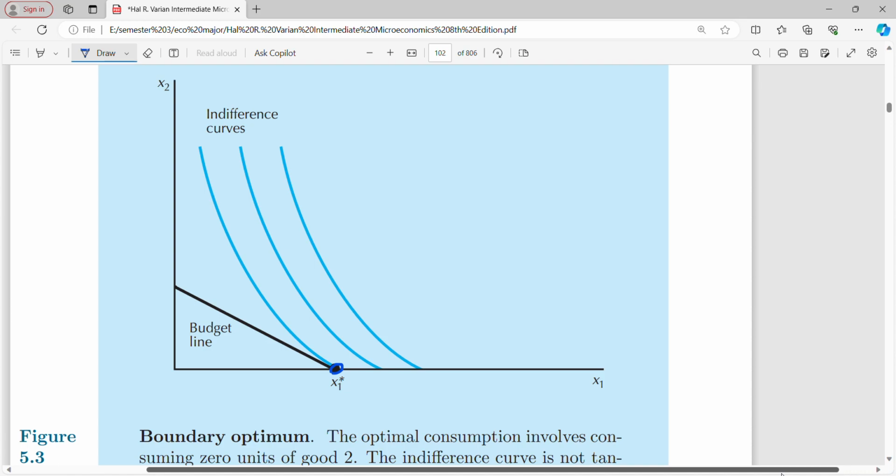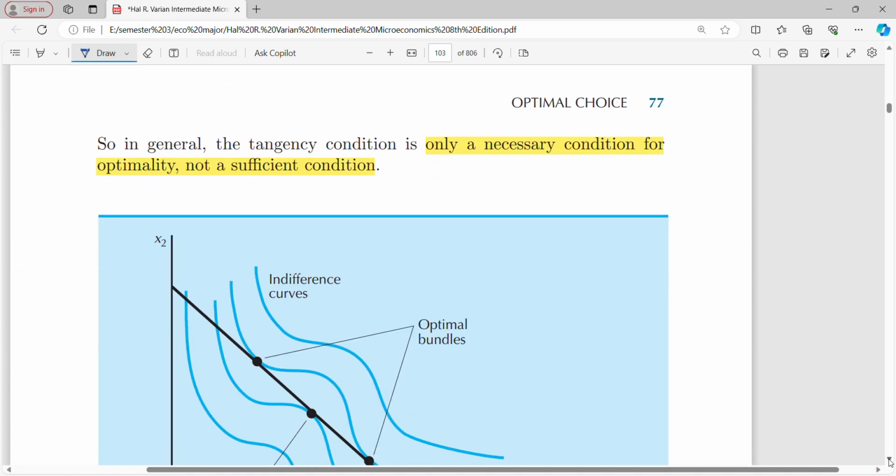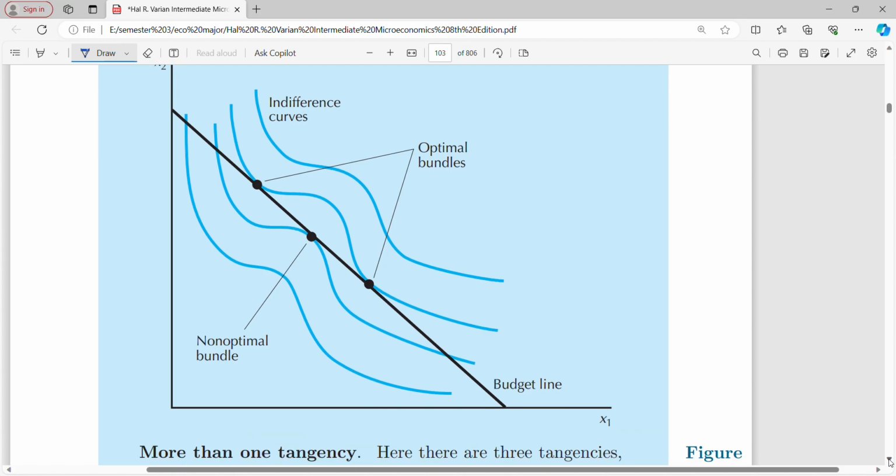Next, is this tangency only a necessary condition, or is it sufficient to determine the optimal choice? That means from all these examples, in general we noted that the tangency condition is necessary for optimality, for finding the most satisfied bundle.